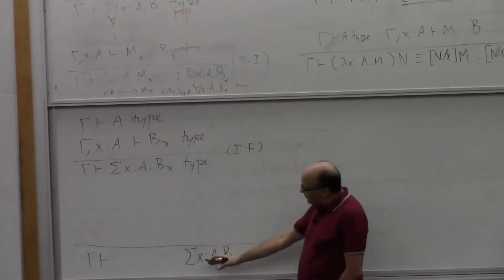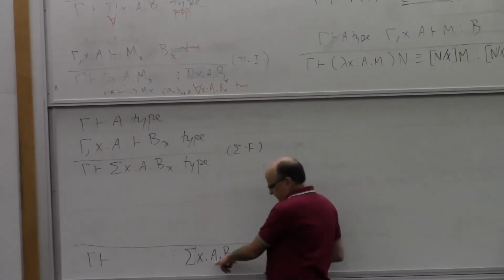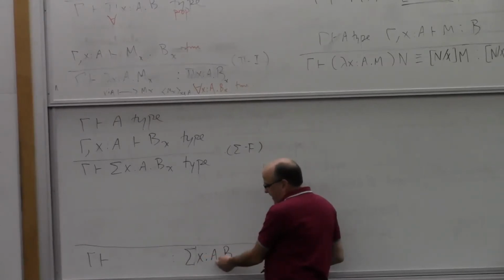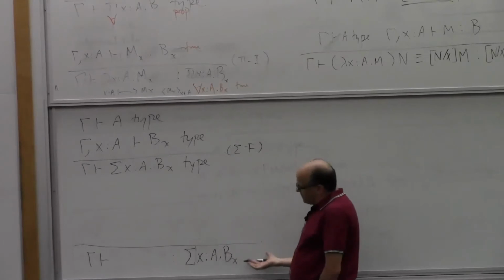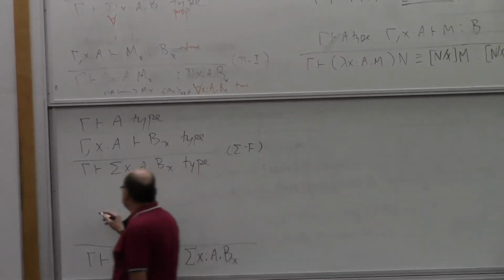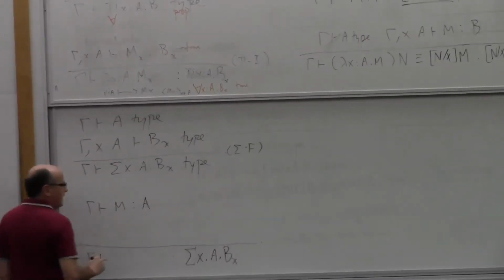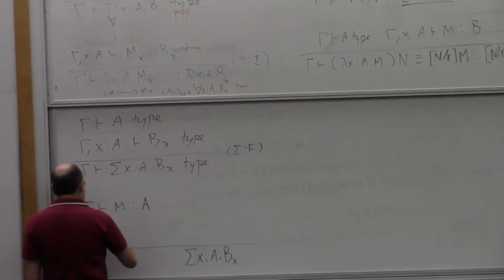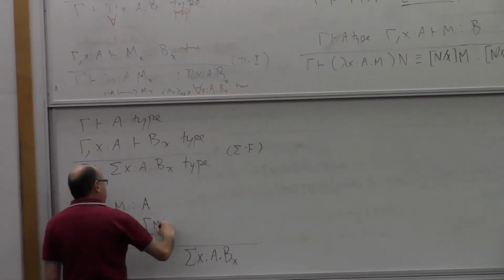Well, this is supposed to be thought of as the big disjoint union indexed by A. So it's the big sum over the type A of each of the elements of type B of x. So the elements of that type can be thought of as consisting of an index element M of A, saying, hey, this is the particular element of A I'm talking about, and an element N whose type is B of M for x.